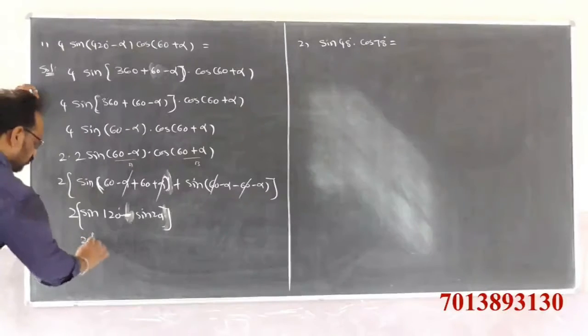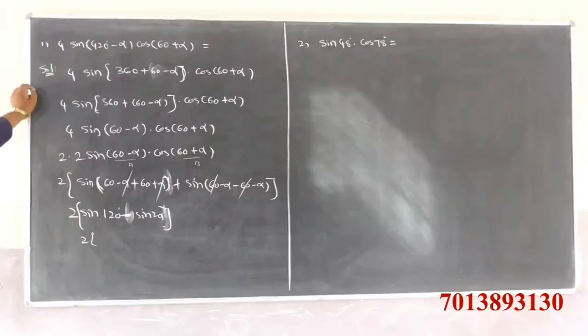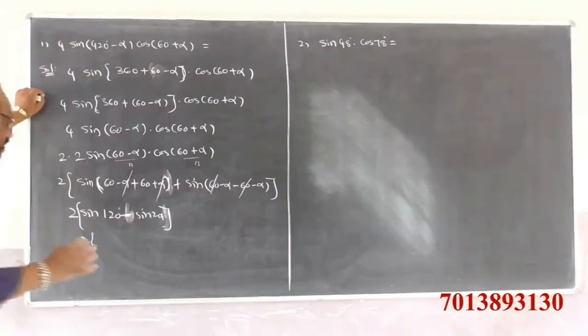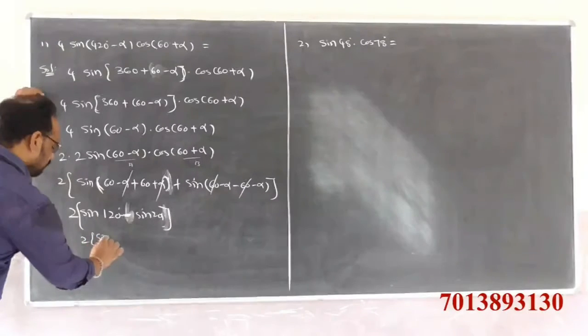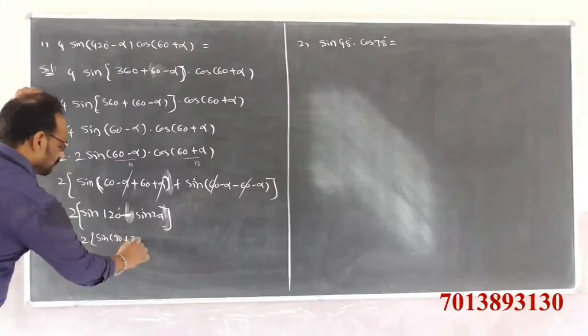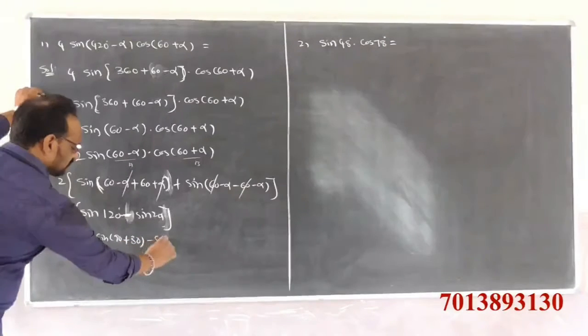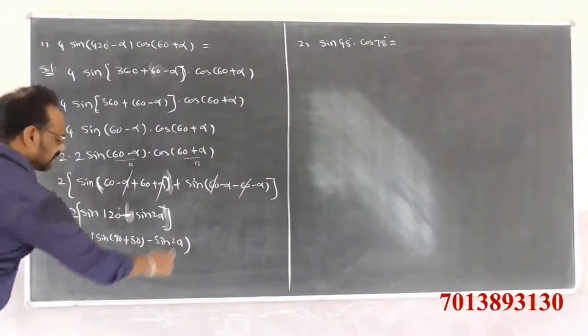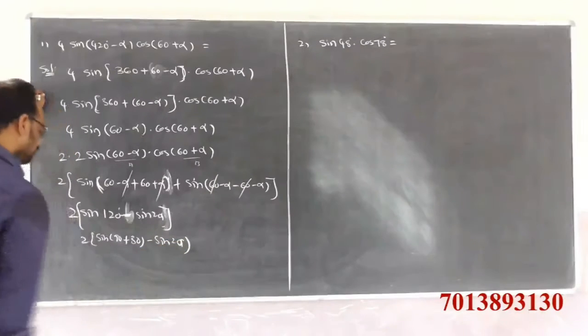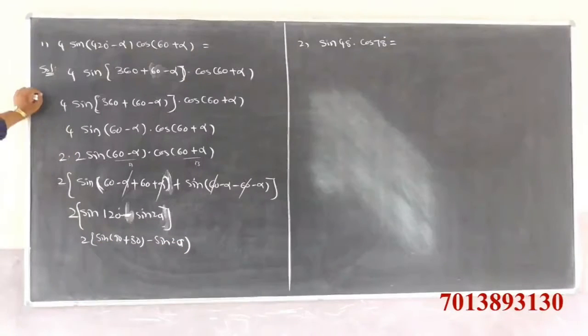Sine 120 can be written as sine 90 plus 30, minus sine 2 alpha. Sine 90 plus theta is clearly second quadrant, where sine is positive.